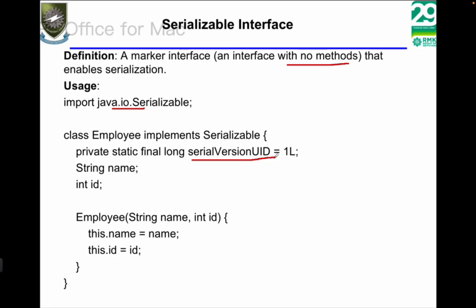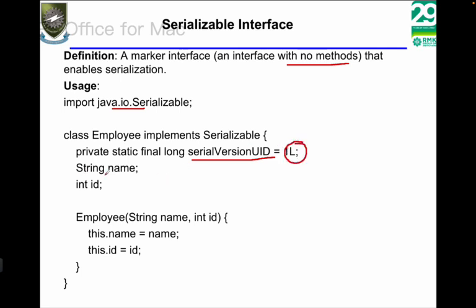So once you have converted an object to a byte stream, that unique identifier helps you check whether that particular class is the one we are going to deserialize. That can be done with the help of the Java virtual machine. Fine. So whenever you are serializing a particular class, it has to be provided with a serial version UID, which is a long value.